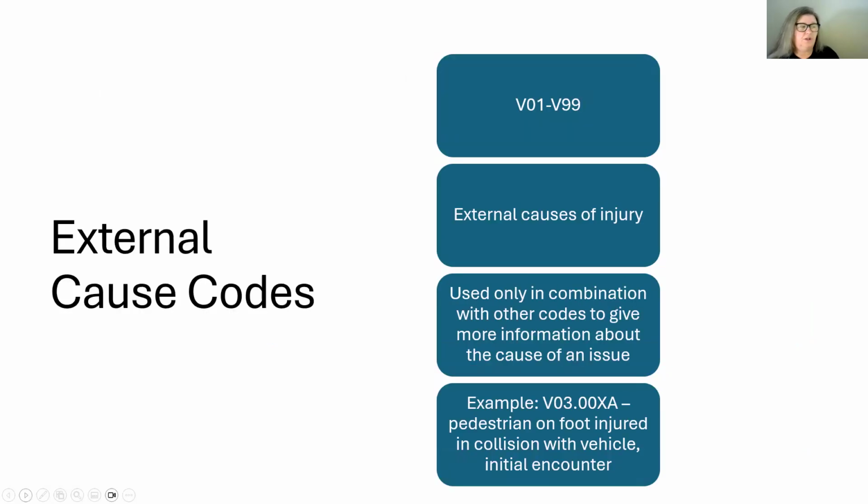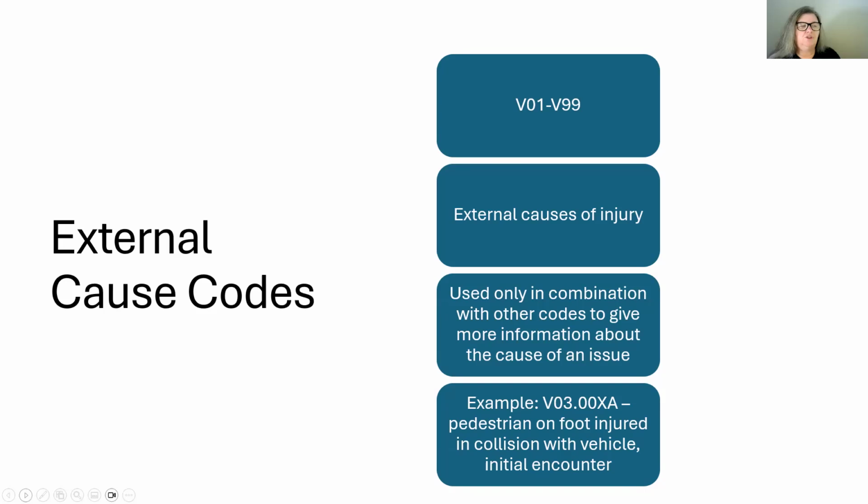There are also special codes called external cause codes, which help to make it a little more specific about what caused the injury or illness. These are V codes, and these are V01 through V99.